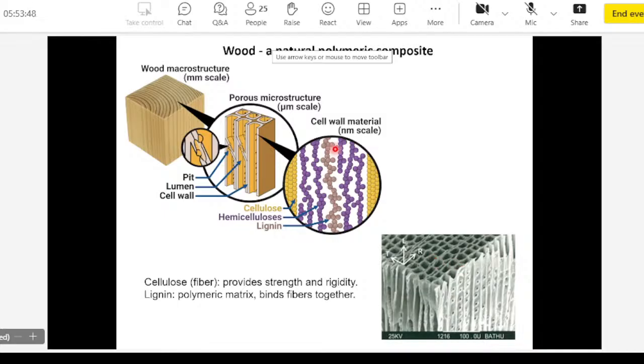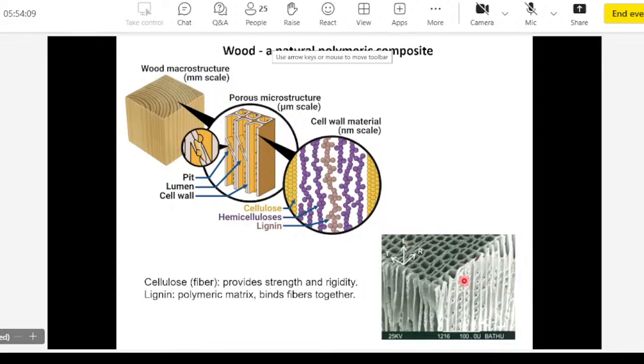And when you go down to the nanometer scale, you actually see the molecular chains of cellulose, which is the fiber, and then lignin and hemicellulose. Those are the matrix materials. By the way, wood is also used to make ceramic materials. That is something we'll come to later on when we look at ceramic composites.